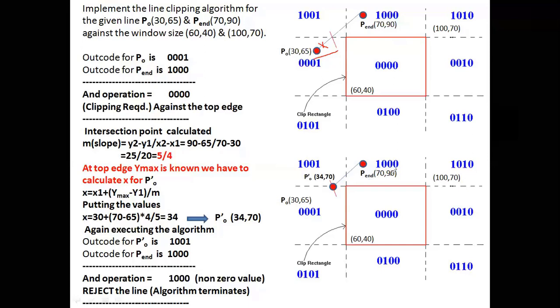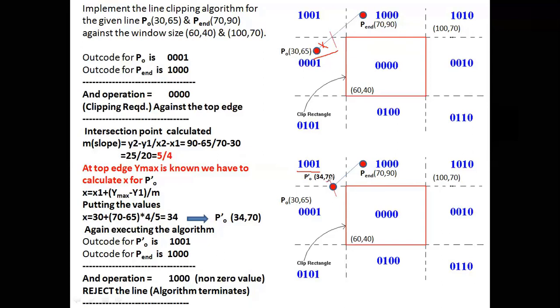So p end is 7090, and the output for this is 1001, and the output for this is this. Okay, so here you can see that it is lying on the y max.